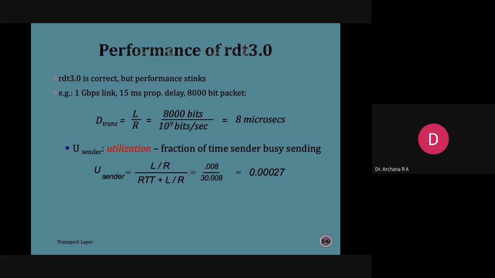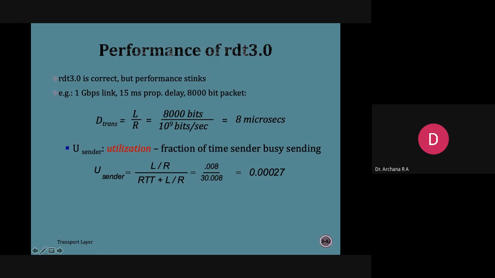Please note this down: for a complete communication to happen, the amount of time taken by a signal to be sent and for its acknowledgement to be received back, we are going to call the round trip time.